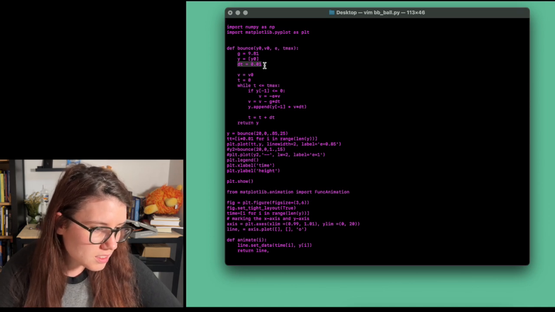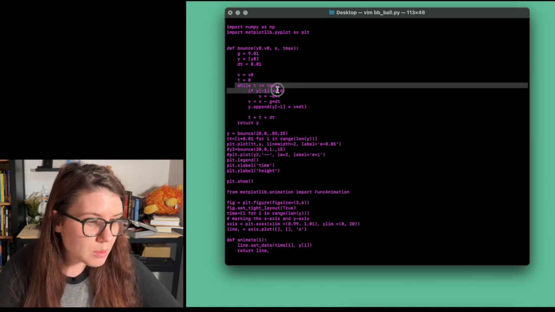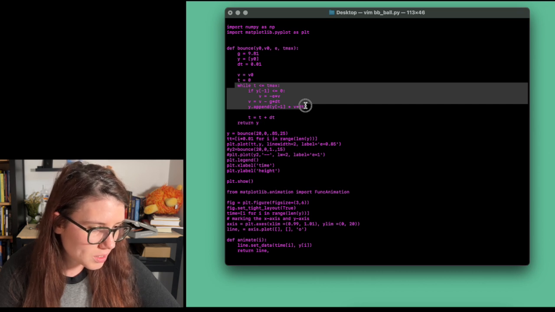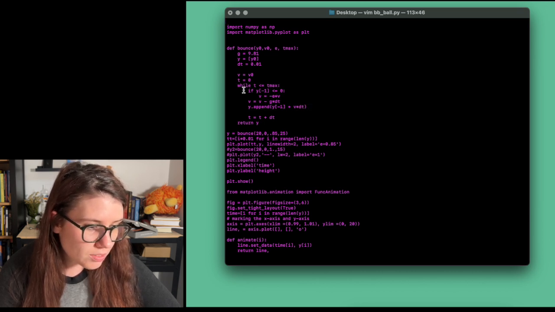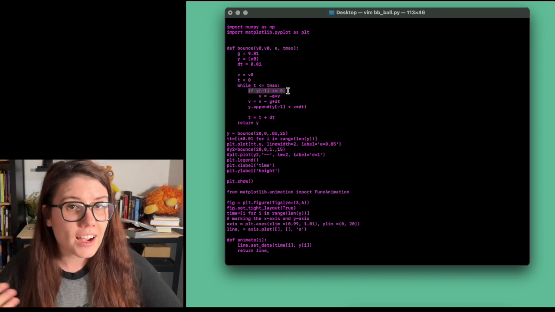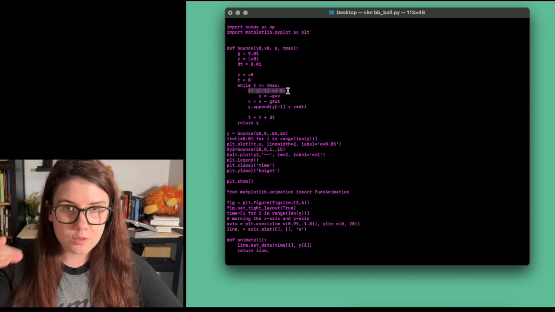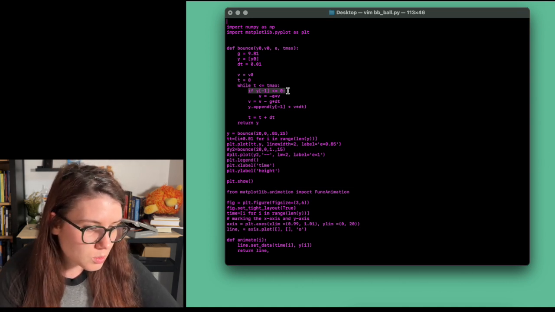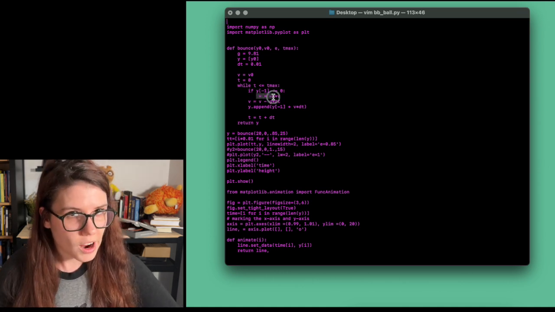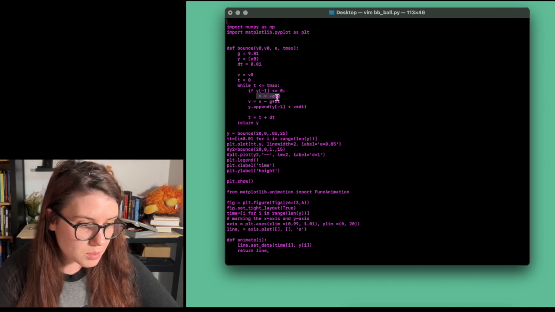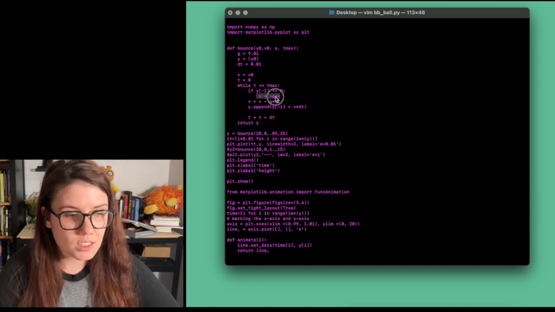Then we have this simple loop: while the time is lower than the time I put, I am going to, well, let's go step by step. First, if the ball goes below 0, meaning it hits the ground, there's no actual ground in the simulation. I've just defined 0 to be the ground. It will use that equation we just derived-ish, where the new velocity will equal the old velocity times the coefficient of restitution times the negative.